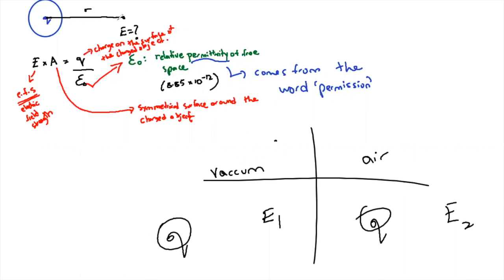Now this E naught, this is the permittivity of free space. Just like in chemistry, we have relative molecular mass, we have relative permittivity, and the standard for it is the vacuum. That's where they found out this value from.